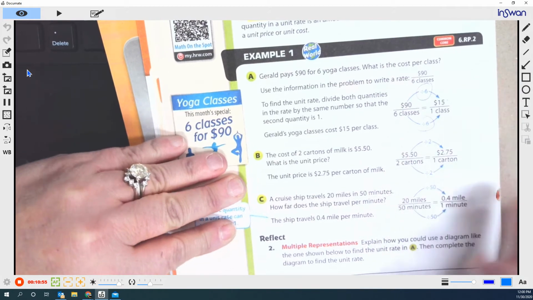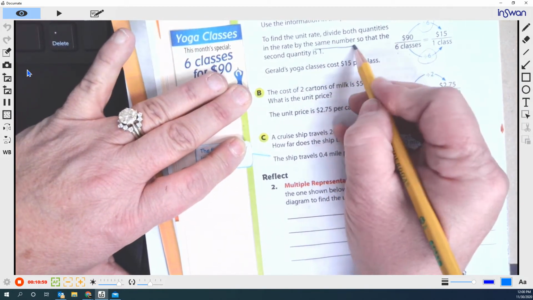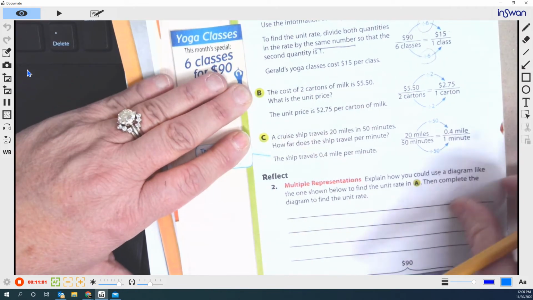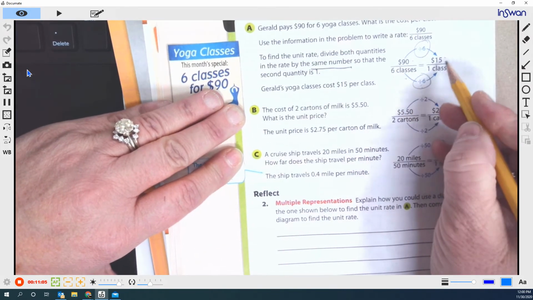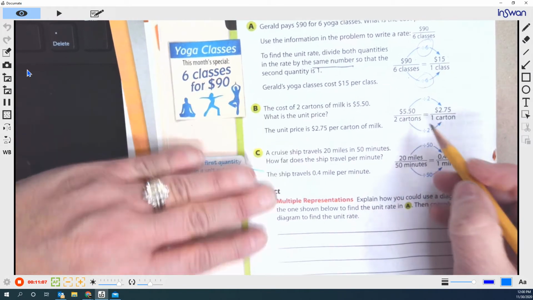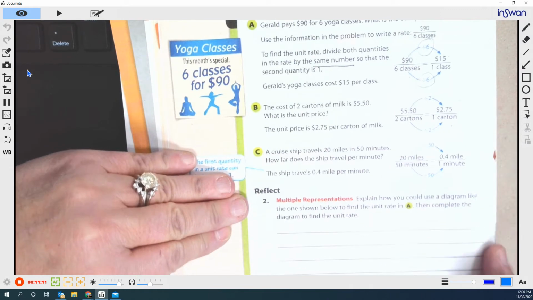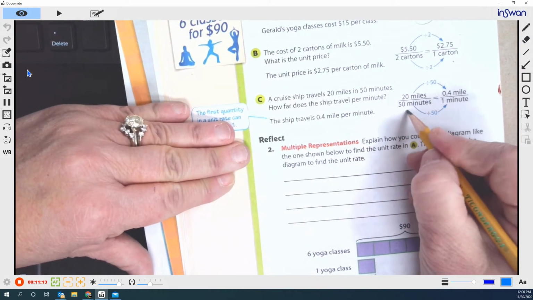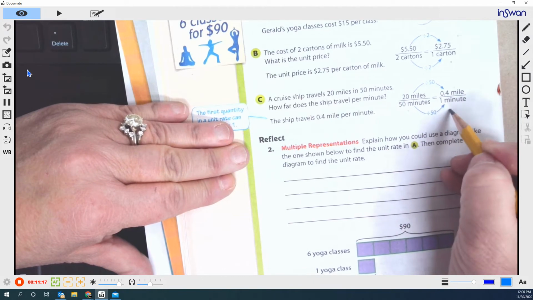To find the unit rate, you divide both quantities by the same number so that the second quantity is going to be 1. And here you can see they have the money over the classes, the money for 1 class, the money over the cartons, the money for 1 carton, the miles over the minutes, the distance for 1 minute.